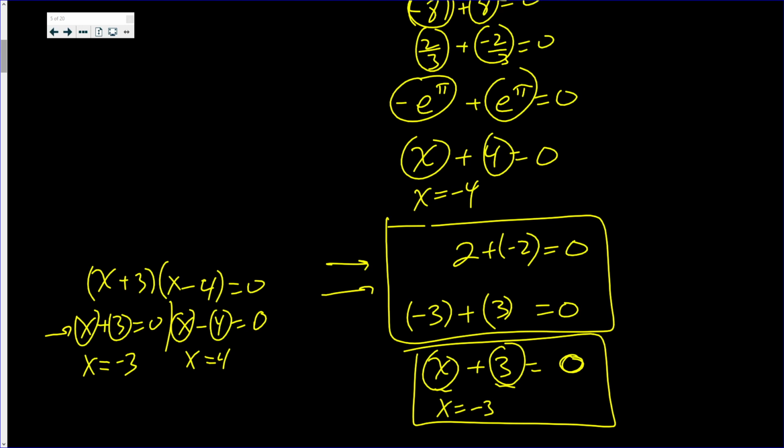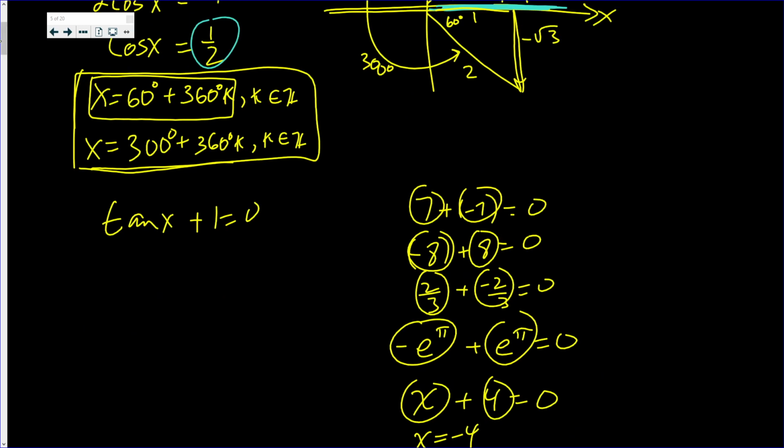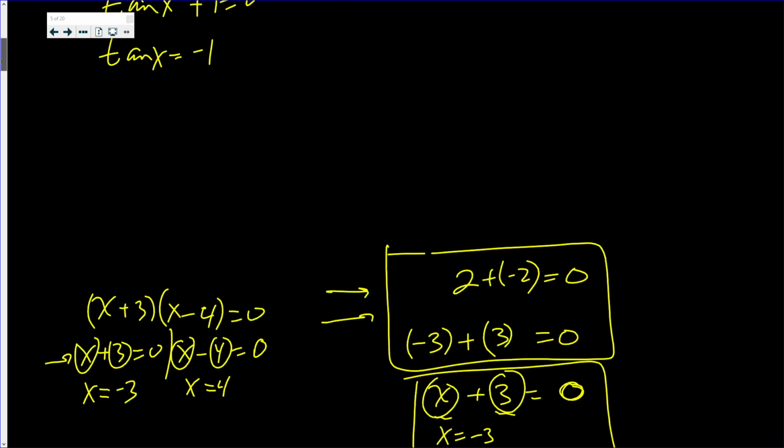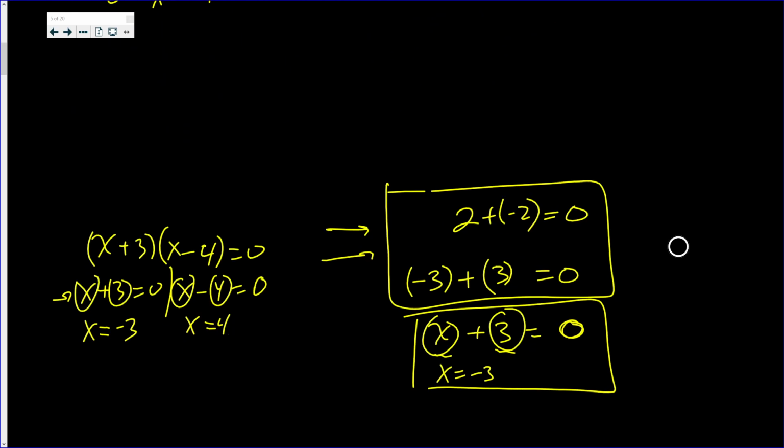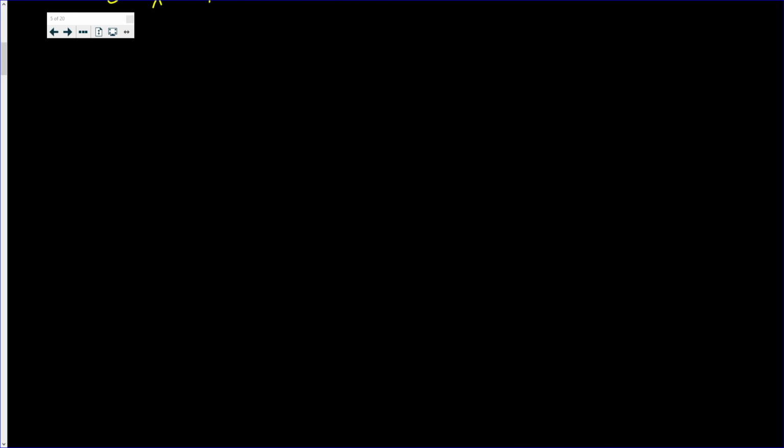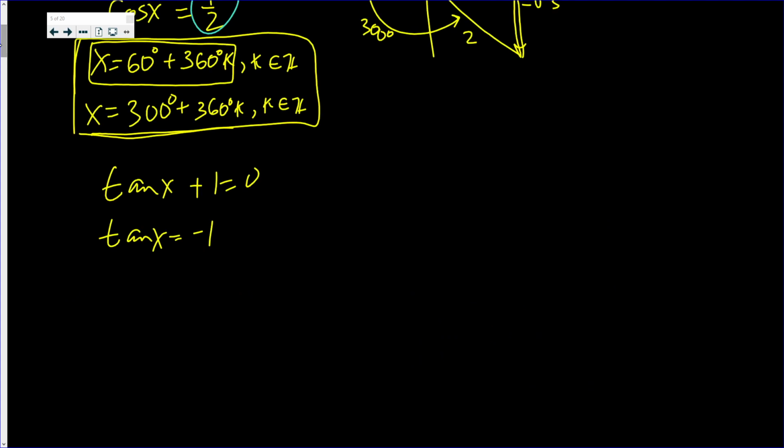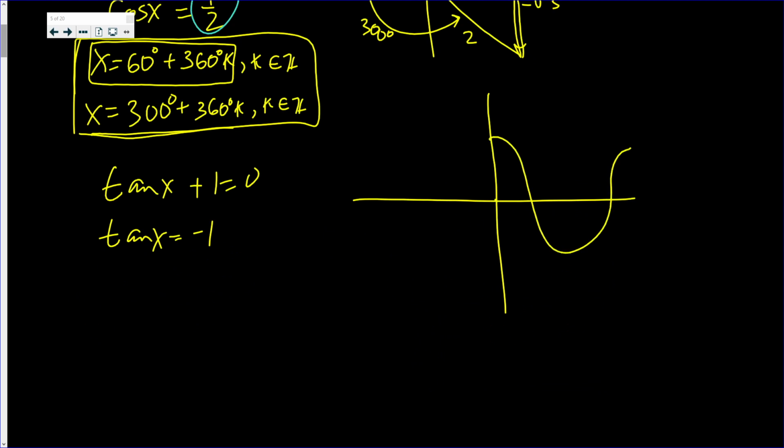Okay, so tangent of x is negative 1. Let us find out where in one period we get negative 1. Now, one period of the tan graph. Well, just for the record, one period of the cosine graph did go from 0 to 360.